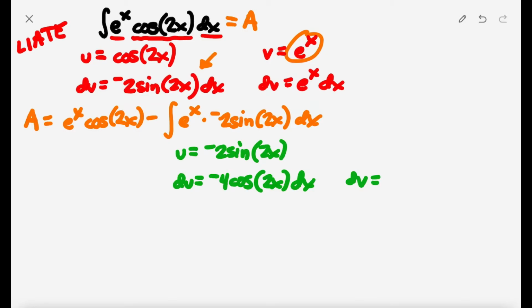Our dv is going to be equal to e to the x dx again, with our v being equal to e to the x. Now, you might see where we're going here already. If not, that's totally okay. This is going to start making sense shortly.